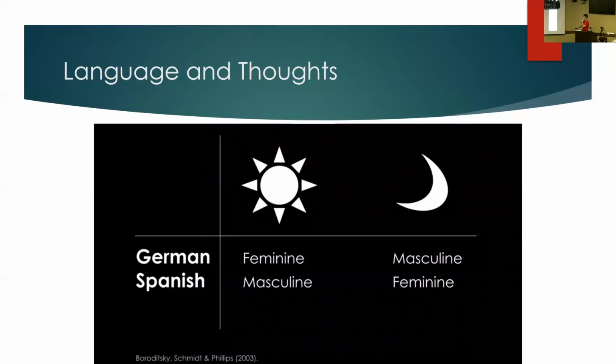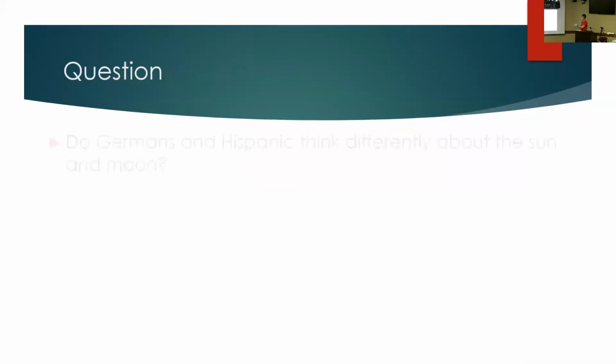Okay, this is another example. In German and in Spanish, they assign gender to nouns, right? Okay, so in German, the sun is feminine and in Spanish it is masculine. And the moon is the opposite. Do you think that it will affect how they think about the sun and moon? You think so, right? Okay, very good.